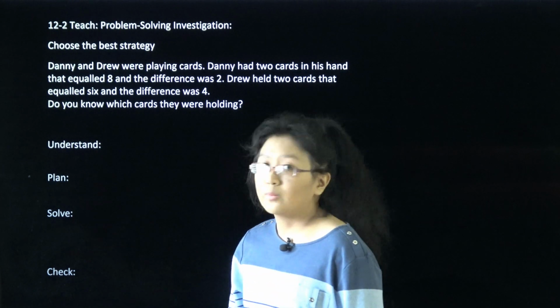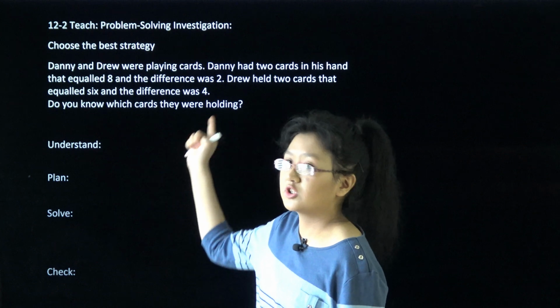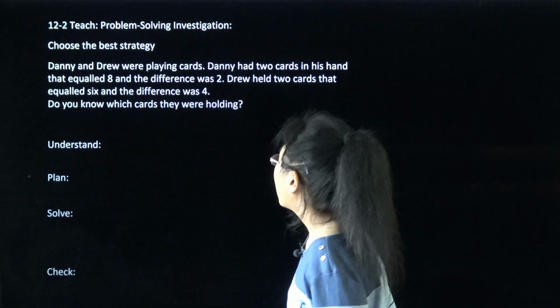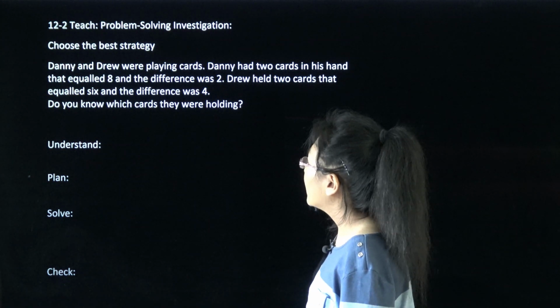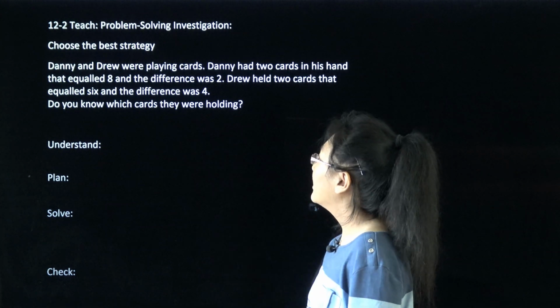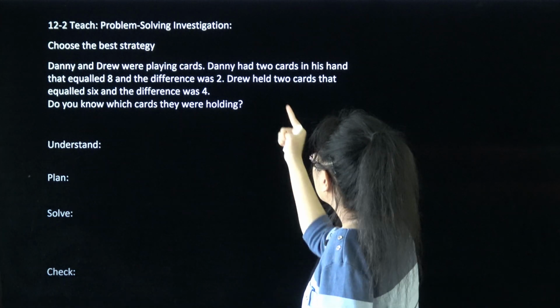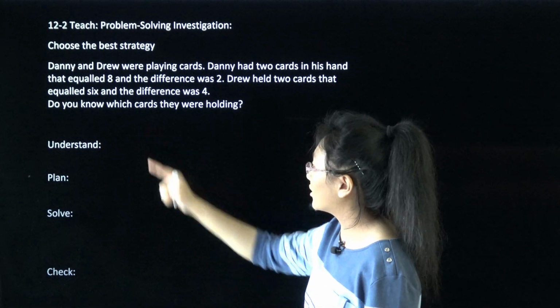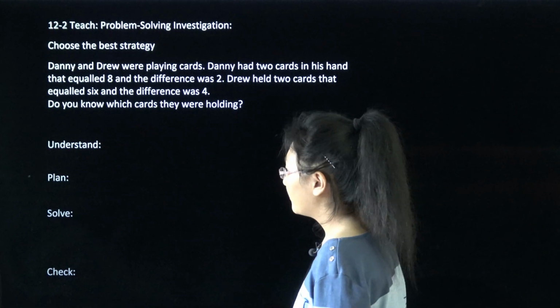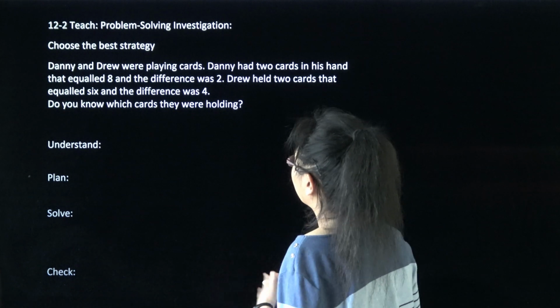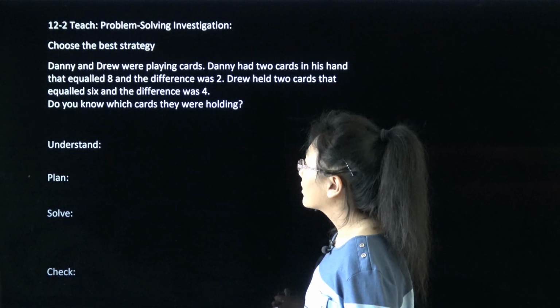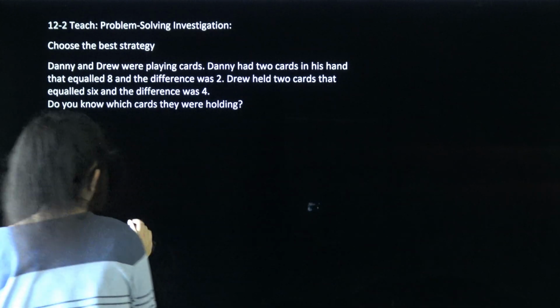So what do we understand? We know that the question wants to know which cards Danny and Drew have. Danny's cards together equal 8, and when we subtract, equal 2. And Drew has 2 cards that equal 6 with a difference of 4. So how do we solve this? First, we should write down what we know.